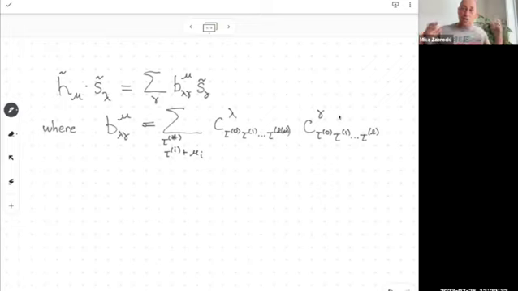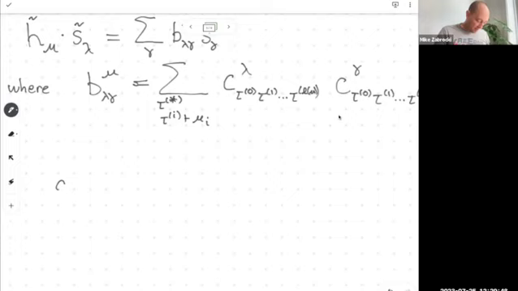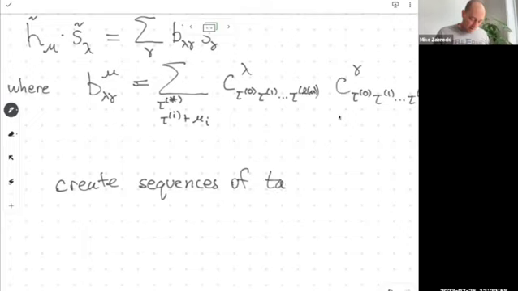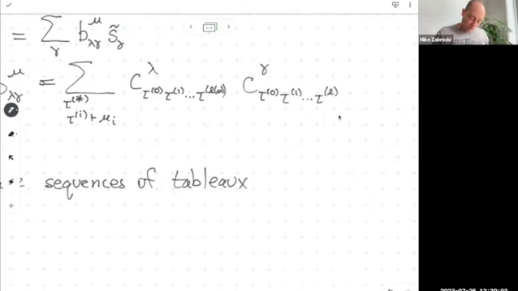I would say we don't have any problem saying that this is a perfectly fine combinatorial expression, but I want to put it into tableau. So we create sequences of tableau which encode this coefficient.